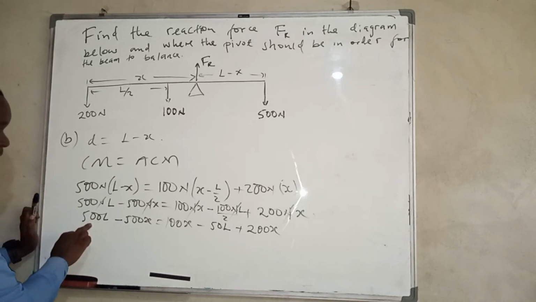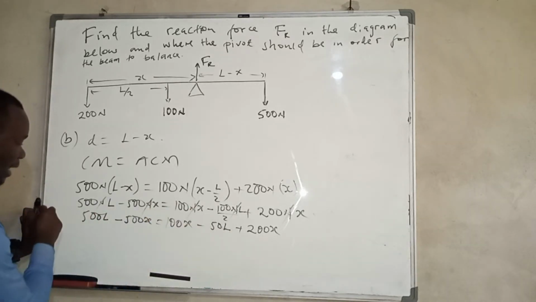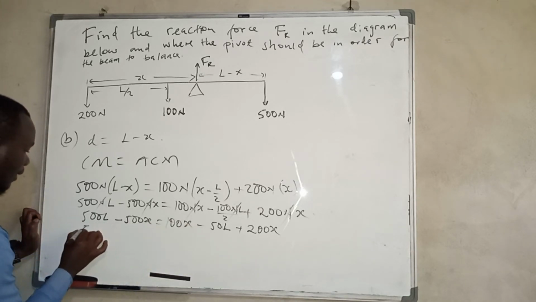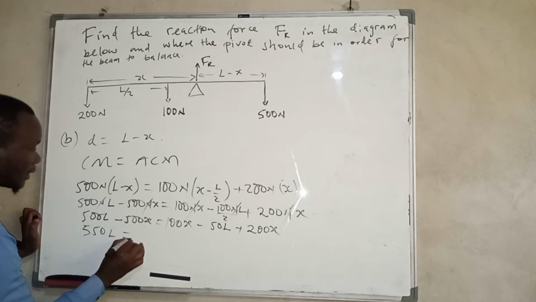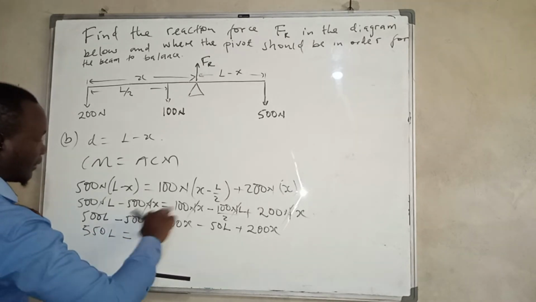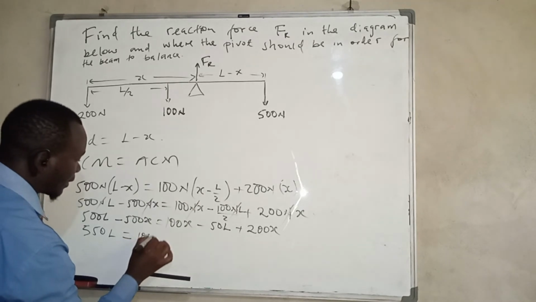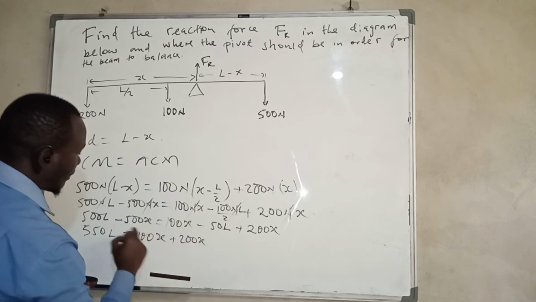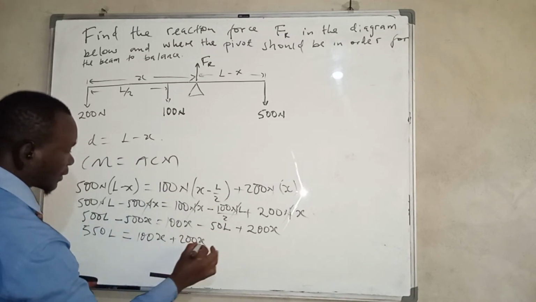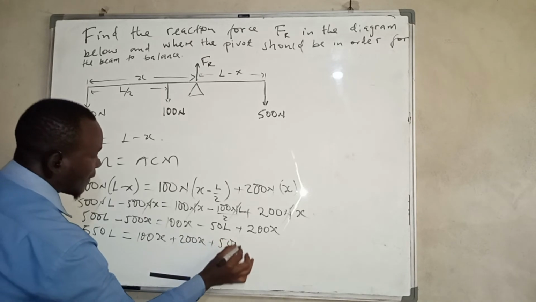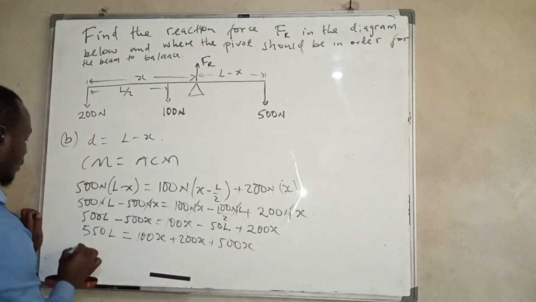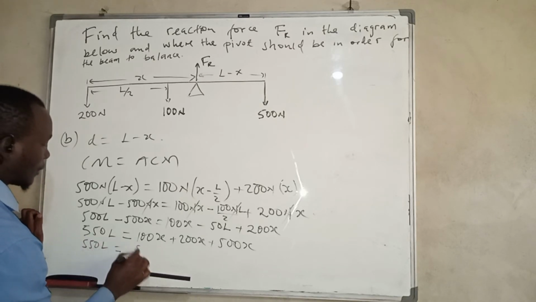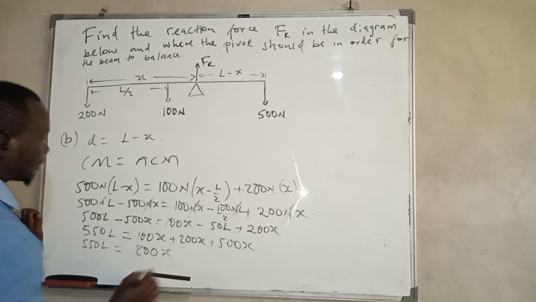From this we can collect the like terms. So we have 500 and this is 50. When it comes this side, we are going to have 500 plus 50, 550L is equal to 100X plus 200X, plus, when this one crosses the equal sign, plus 500X. So we are going to have 550L is equal to 800X.